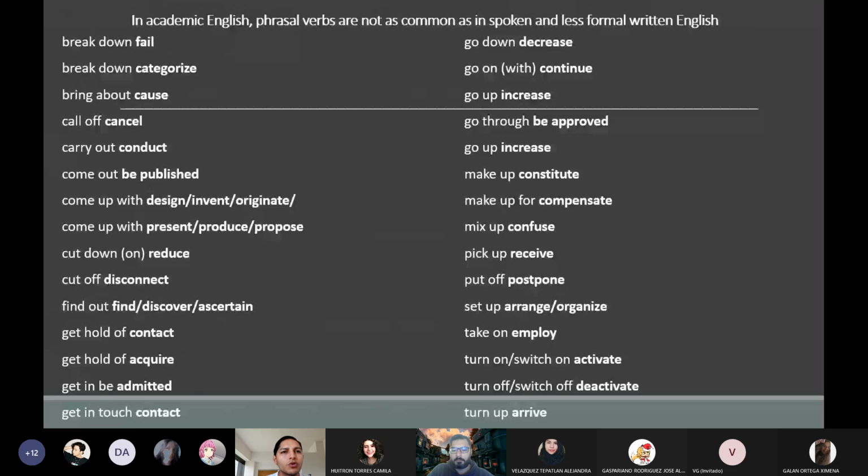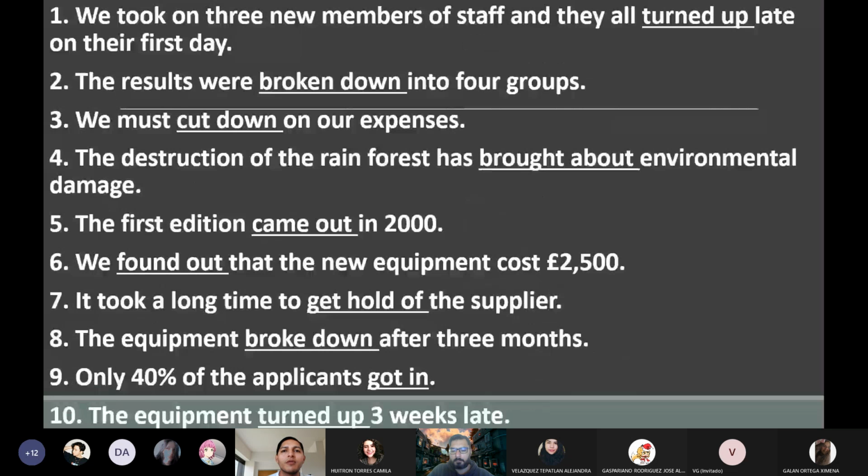For example, we took on 3 new members of staff and they all turned up late on their first day. Turn up could be replaced by arrived. Okay, and that would be the formal way.